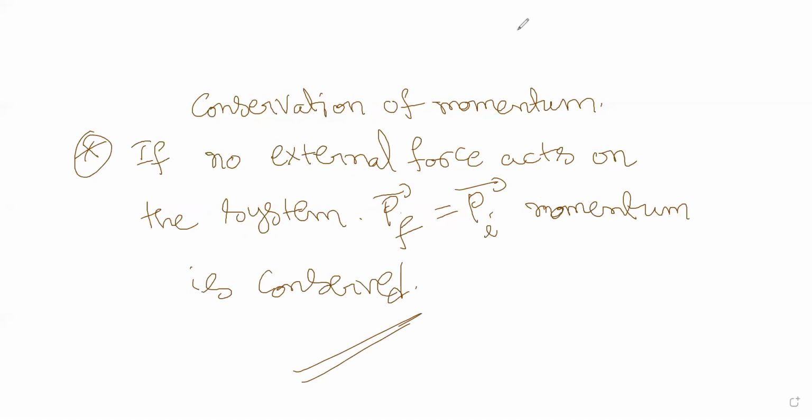Okay, now let's write the conservation of momentum for a collision of two balls. So A, B, let us say two balls are there. The ball A has mass ma, the ball B has a mass of mb. The initial velocity of ball A is ua and the initial velocity of ball B is ub.